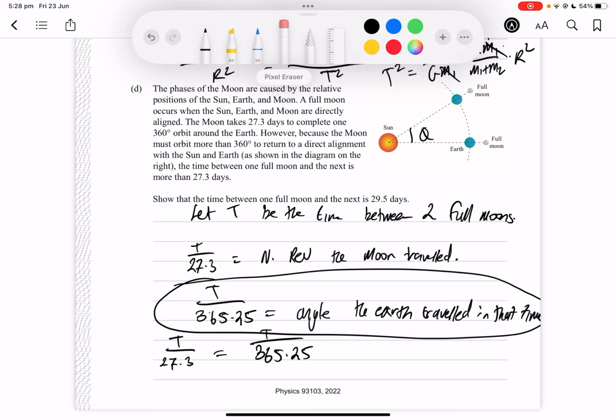So this will be t over 365.25 plus 2 pi, if we're working with radians. You can also use degrees, it doesn't matter.